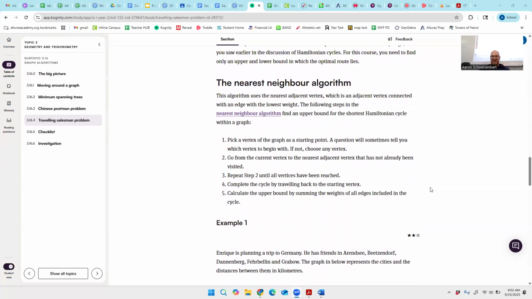So that one told us A. Go from the current vertex to the nearest adjacent vertex that has not already been visited, which is what I actually just did. I did this algorithm without thinking about it because I've done it a few times and that was a pretty easy graph to do it on.